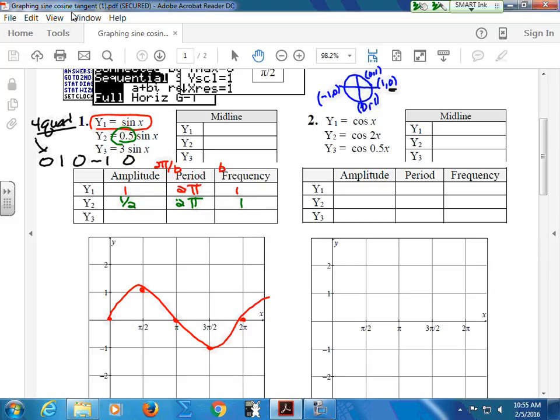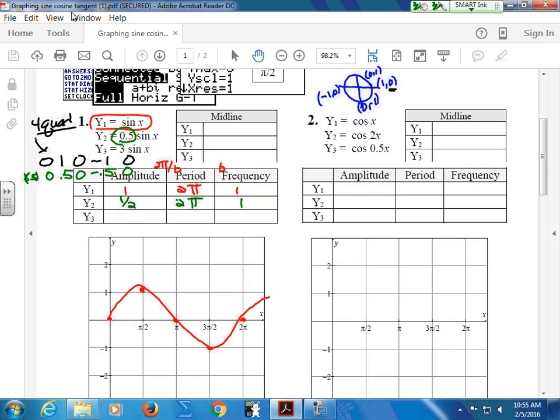Now watch what we're going to do. We're going to take this standard row, and we're going to multiply everything by 1/2, or 0.5, because that's what we need to change, is how high and how low it goes. So this becomes 0, 0.5, 0, -0.5, 0. We're going to graph right off of this. Did we change our period or frequency?